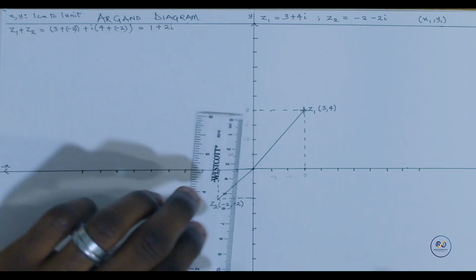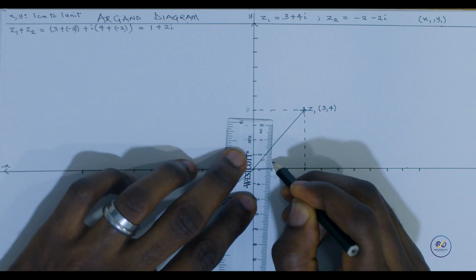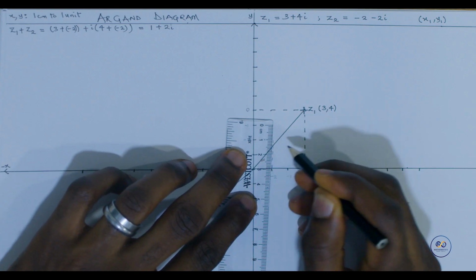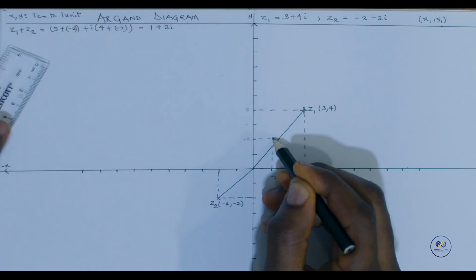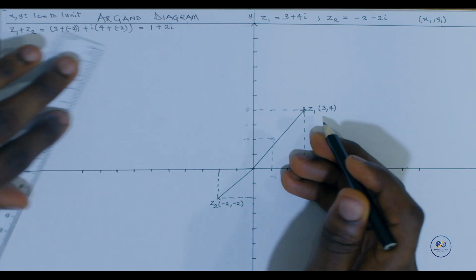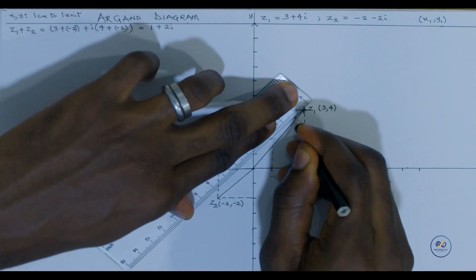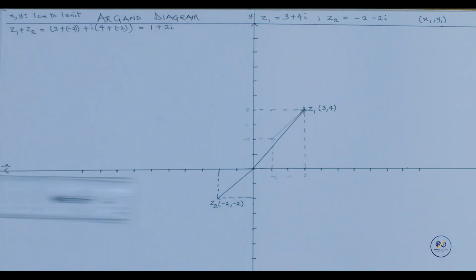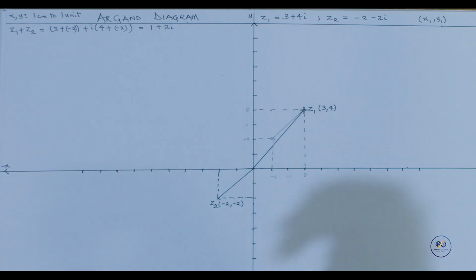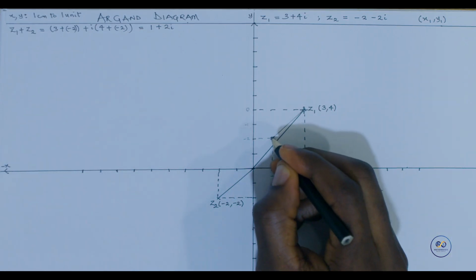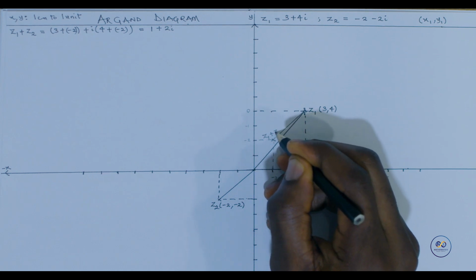If we connect these two portions, the overlaid Z2 will now go from here to here. This endpoint that we have here is in fact the point Z1 + Z2.